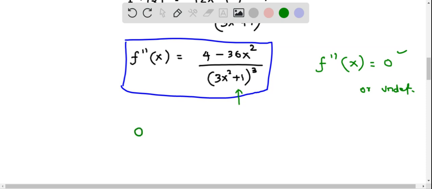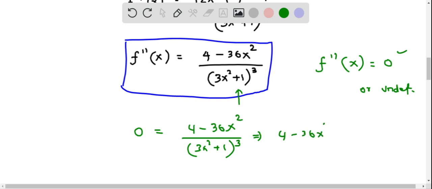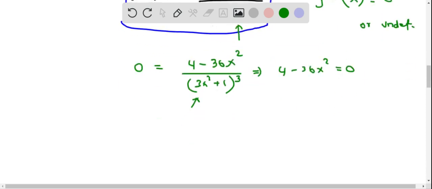And so when we do that, we get 0 equals 4 minus 36x squared divided by 3x squared plus 1 quantity cube. And so we get 4 minus 36x squared equals 0 when you multiply both sides by this denominator expression.